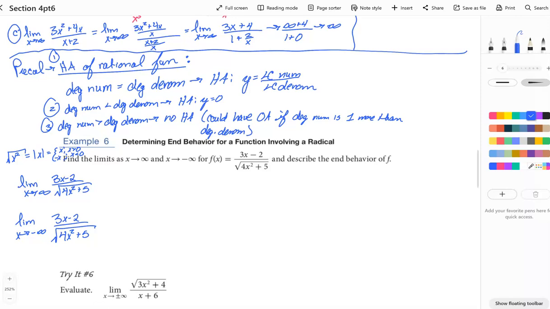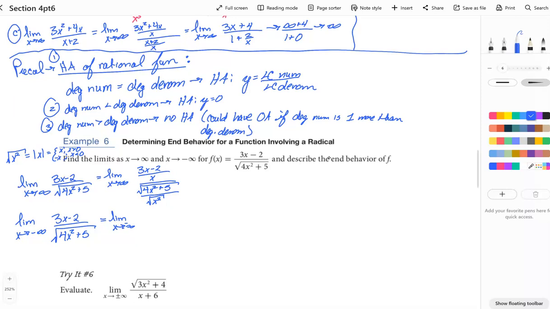So on this one, I'm going to divide the top and bottom by positive x. And I'm going to think about that positive x this way, whereas with this one, I have to think about it differently.